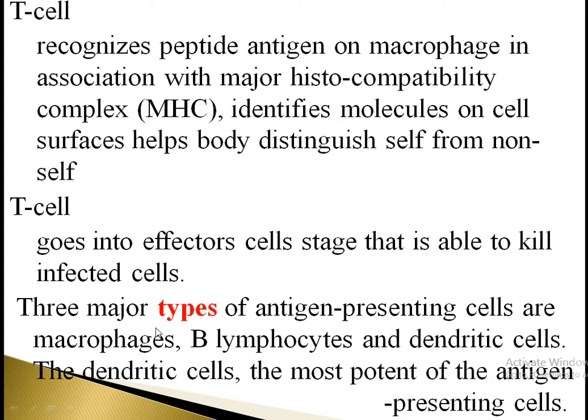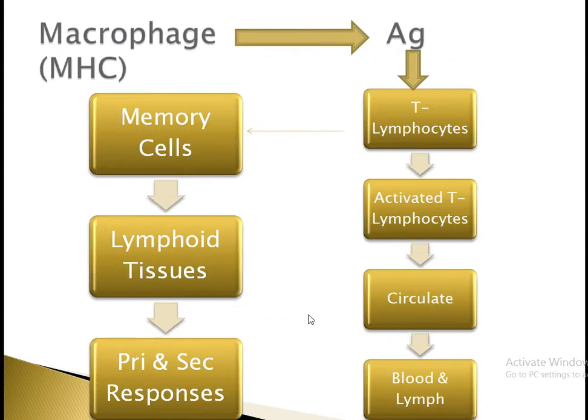Three types of antigen presenting cells may be there. They may be macrophages, B lymphocyte or dendritic cells. Through this same figure, I want to show the function of the T lymphocytes.